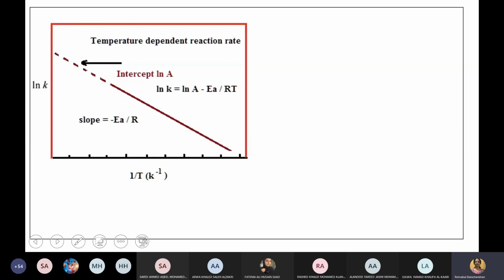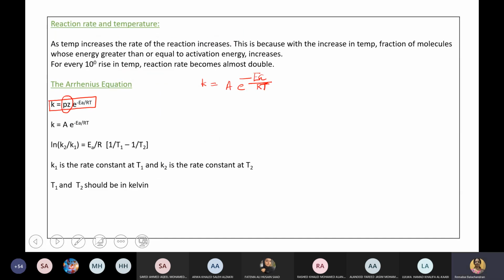Now, if the value of T is high, this factor will be high or low?